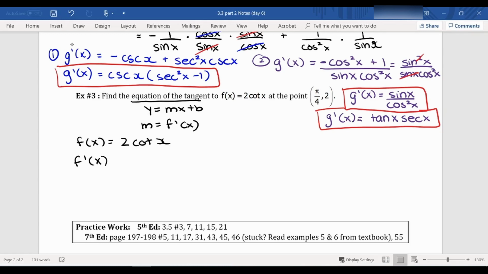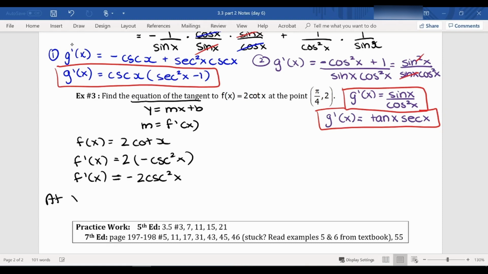So f prime would be 2 times the derivative of cotangent, or 2 times negative cosecant squared. I could rewrite this as negative 2 cosecant squared x, but you don't have to, because we're going to be plugging in an x value soon.